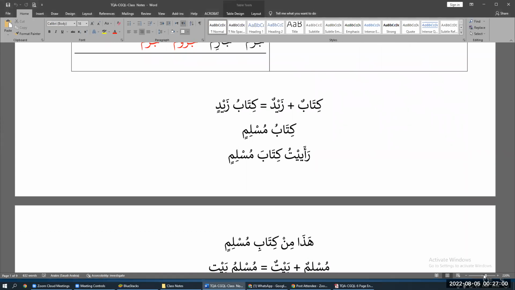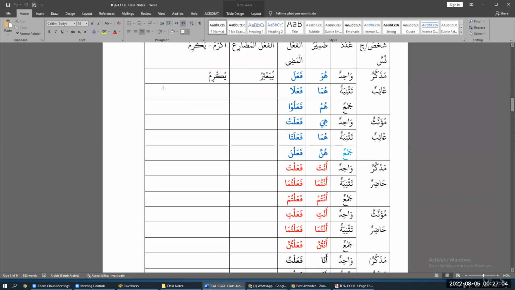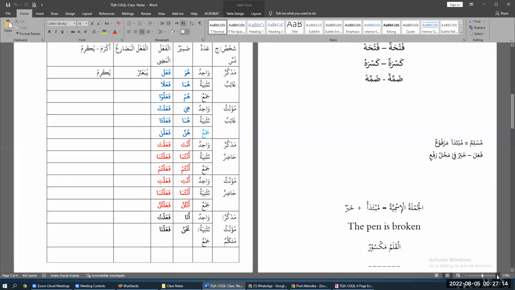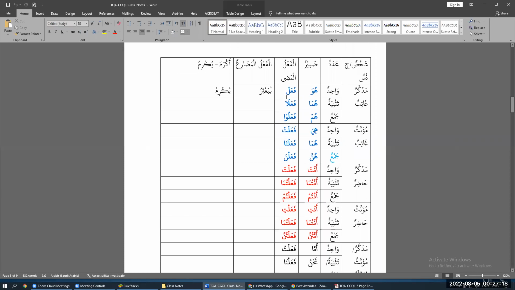We will go to superimposition. See the technique of superimposition very carefully. If you understand the technique of superimposition, you will be able to make all the conjugations very easily. Here you see fa'ala, fa'ala, fa'alu, fa'alat, fa'alata, fa'alna and so on.